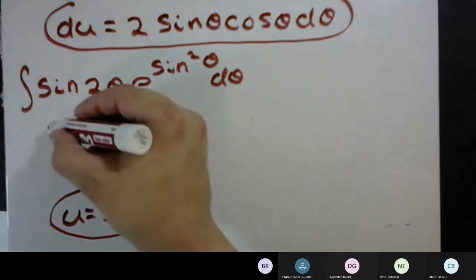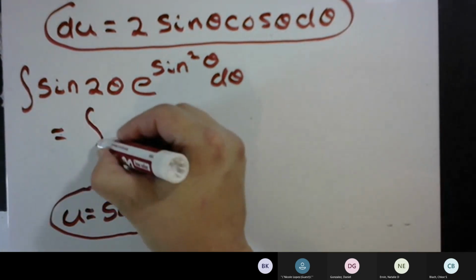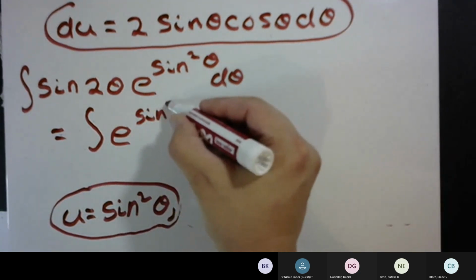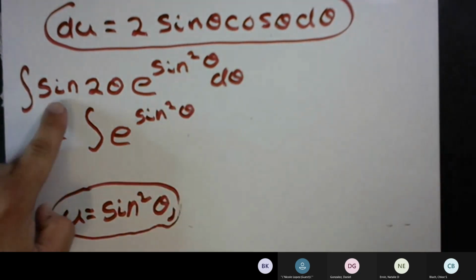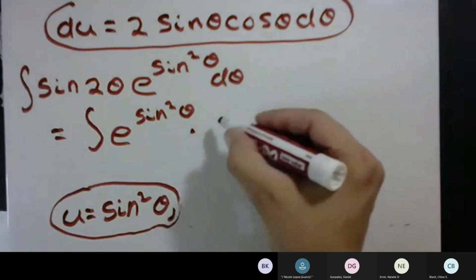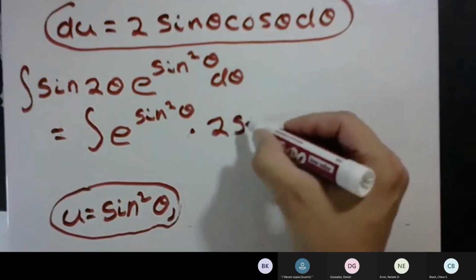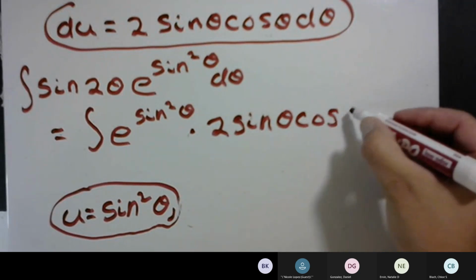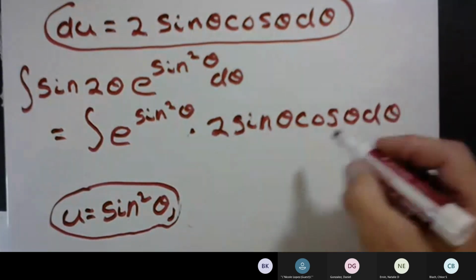Well, we can rewrite this as the integral of e to the sine squared theta, and sine of 2 theta, that's 2 sine theta cosine theta d theta.